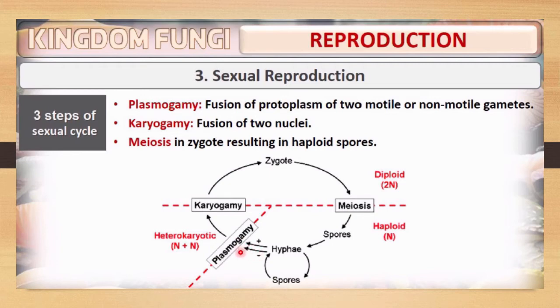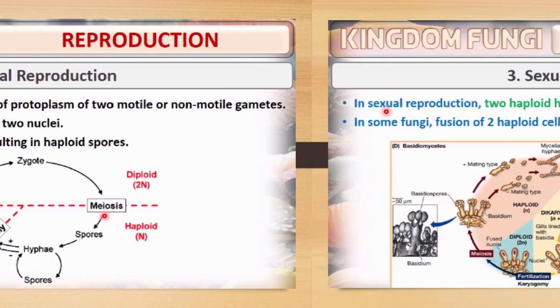Due to this fusion, the structure becomes heterokaryotic, and two nuclei will be found. Now these two nuclei will fuse together, that is called karyogamy, and as a result a diploid structure, the zygote, is obtained. This diploid structure will undergo meiosis, and as a result these diploid cells will convert into haploid spores.